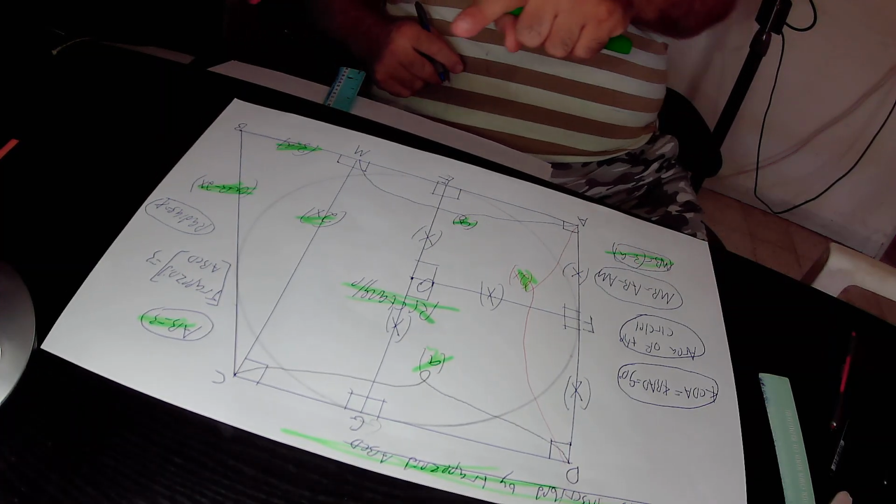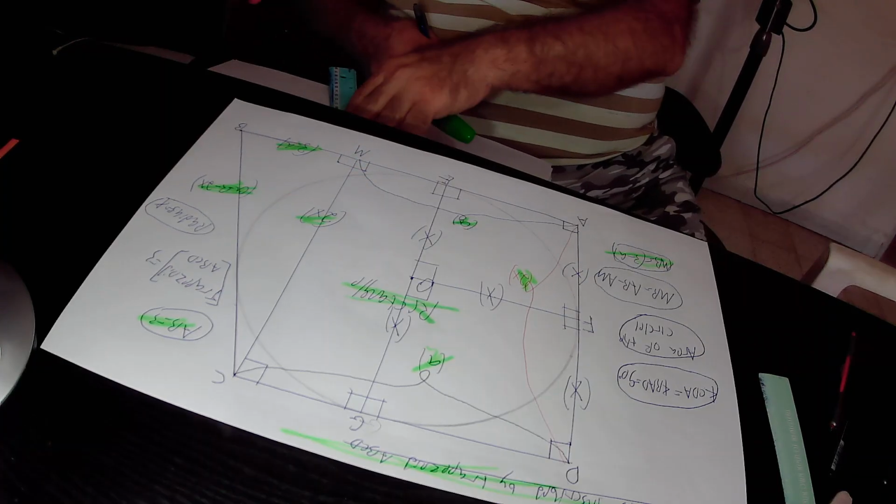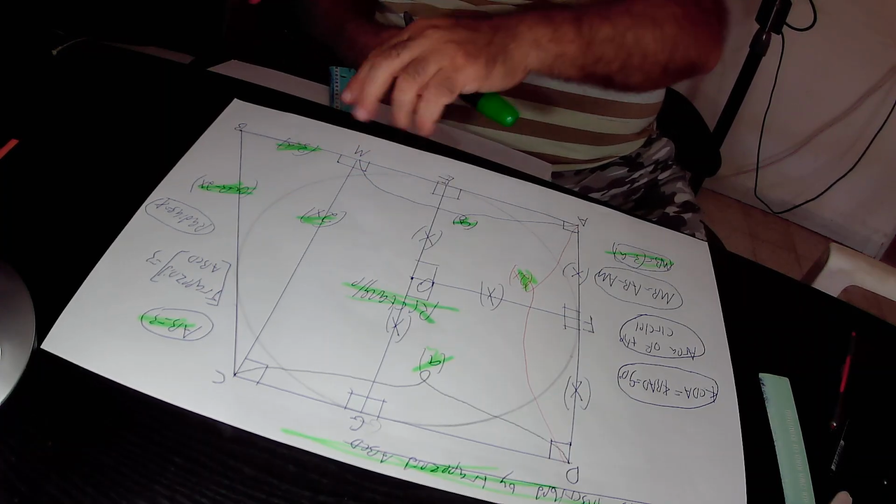In the next step, I'll copy the right triangle CMB on a new page, and we will implement the Pythagoras theorem on this right triangle CMB.